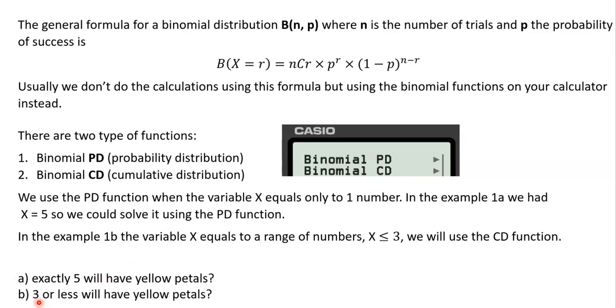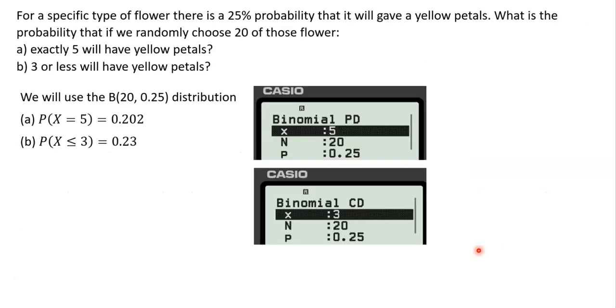In part B, when we asked for the probability of 3 or less petals, this is a range of numbers, x is less than or equal to 3, and in this case we will use the CD function on your calculator. For this particular example, we are using the binomial distribution B where n is 20 and p is 0.25.